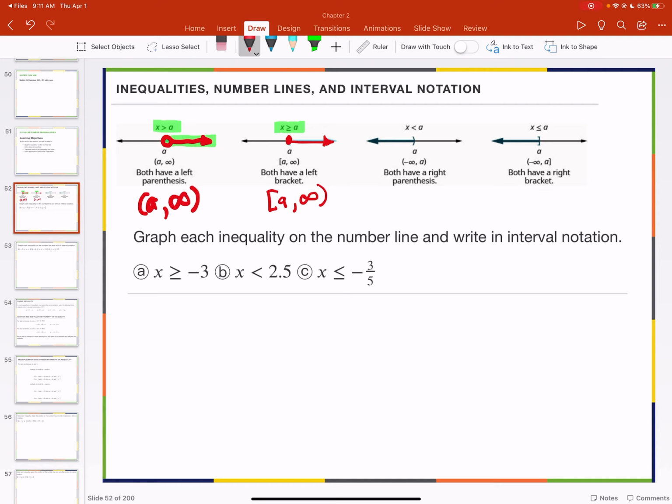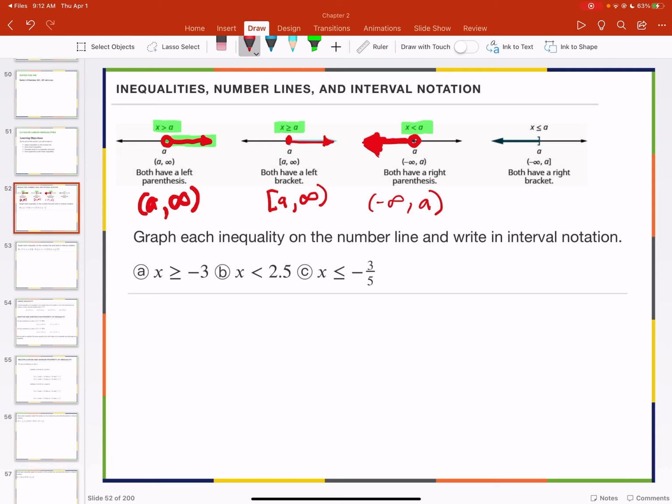Okay, so for x strictly less than a, notice that it does not have the line underneath. So it just means all the values that are to the left of a on the number line. So then the graph goes from negative infinity, because we always write in order from lowest to greatest, and then it goes up to a and stops, but does not include a.